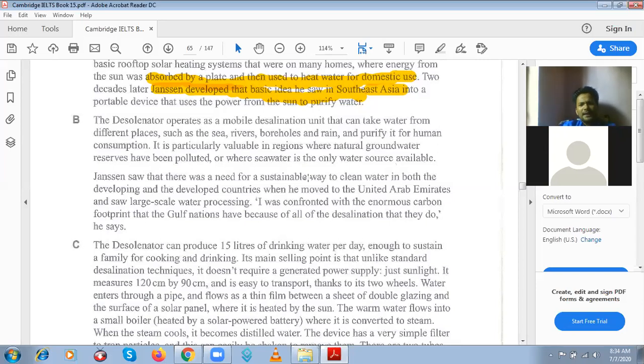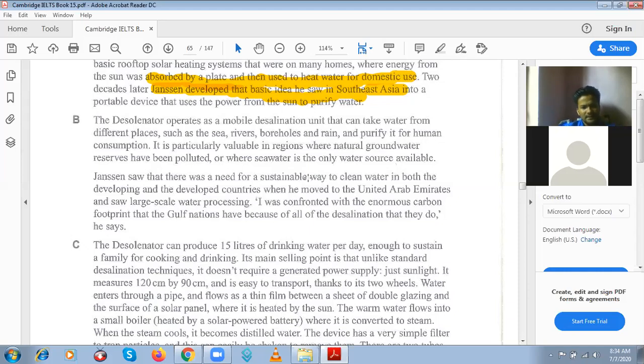It is particularly valuable in regions where natural groundwater reserves have been polluted, or where seawater is the only water source available. It talks about a distillation unit. Okay, let's continue.